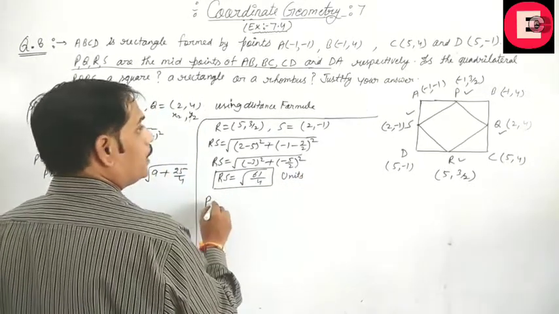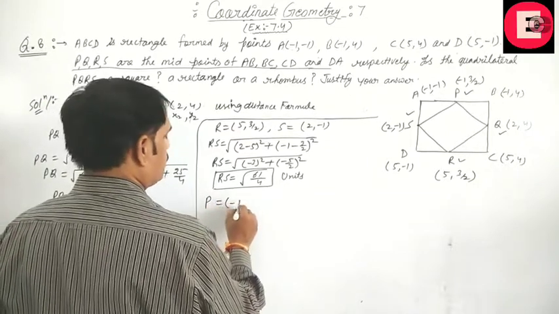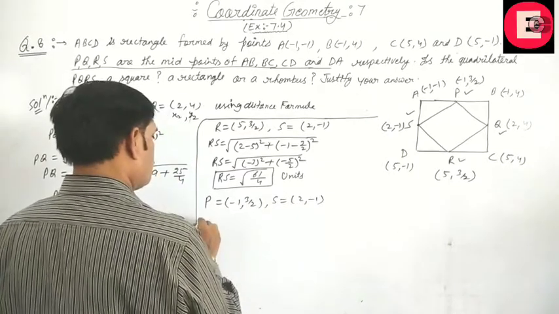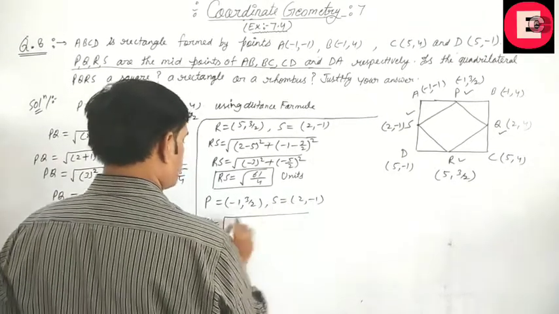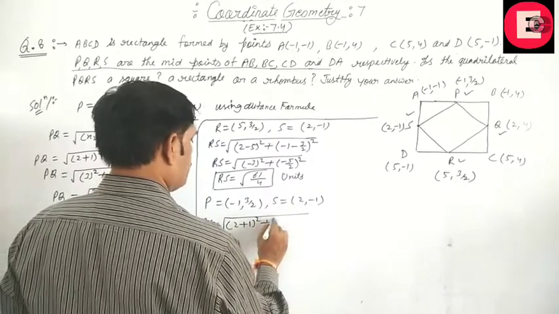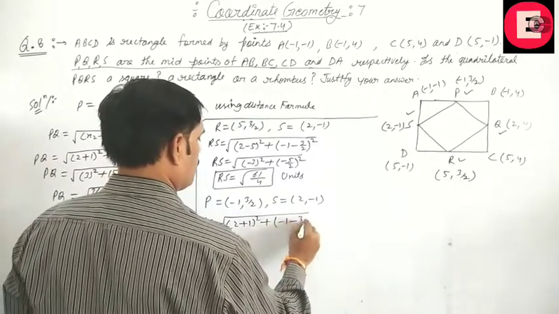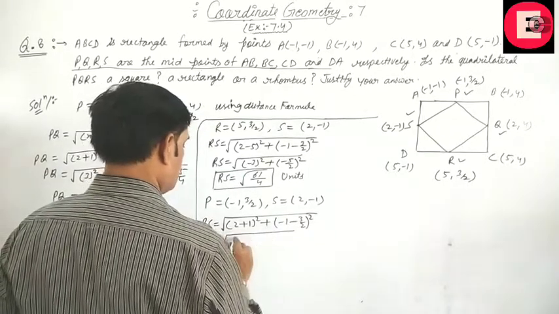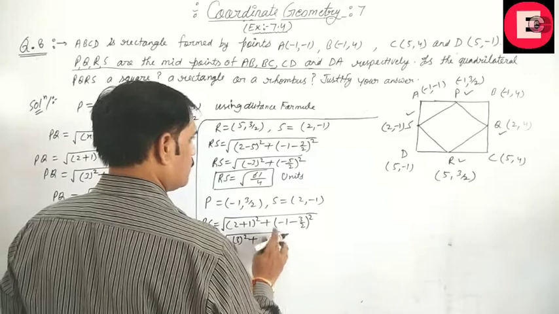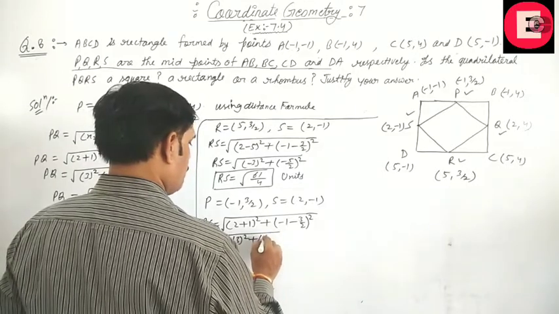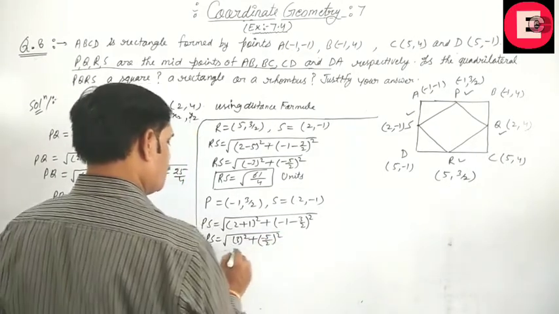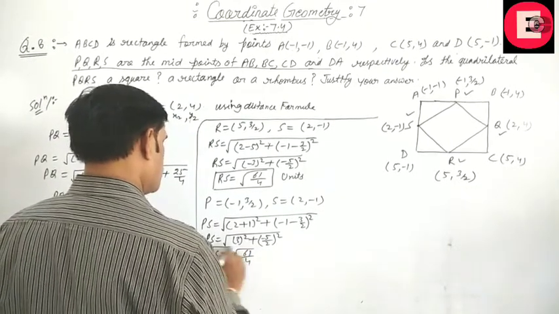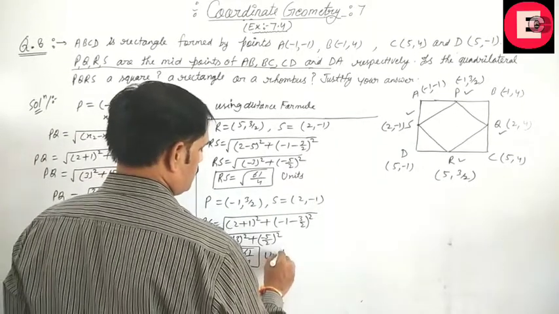Now for PS, P is equal to (-1, 3/2) and S is equal to (2, -1). So the length of PS is the square root of 3 squared plus (5/2) squared. Then PS is also the square root of 61/4 units.